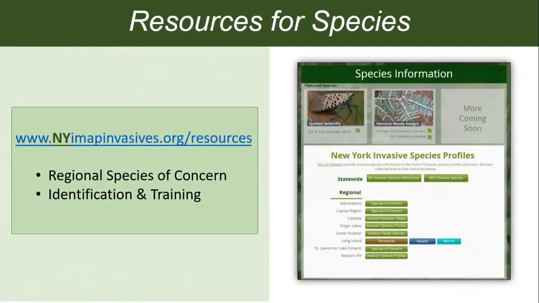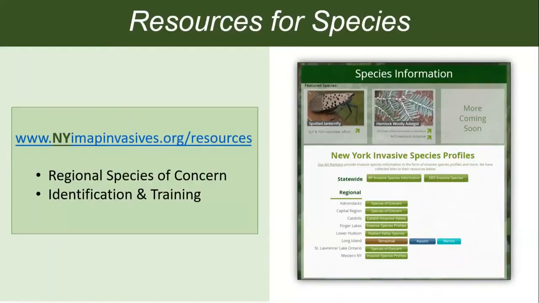And I wanted to also point out that in addition to the training resources on our training page, we also have resources for species at NYIMapInvasives.org/resources. These include regional species of concern and training on identifying species.